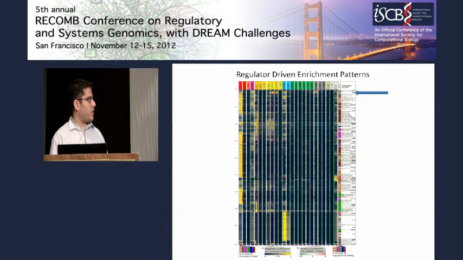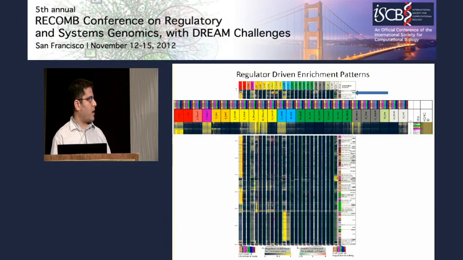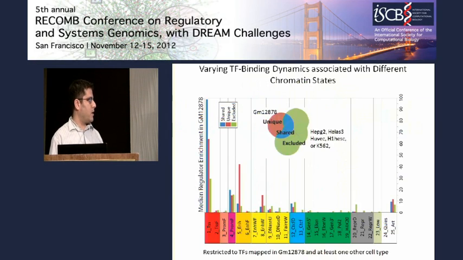And then in other cases, experiments were automatically ordered together which all had a common regulator. So in this case, 9 of the 10 REST experiments were all ordered together, and they had a consistent chromatin state preference across the experiments, even though they were conducted in different cell types.